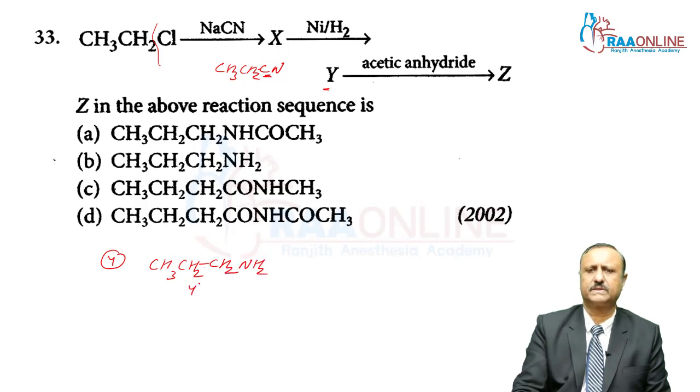When this Y compound reacts with acetic anhydride, what is acetic anhydride? CH3CO-O-CO-CH3. This compound is called acetic anhydride, my dear student.